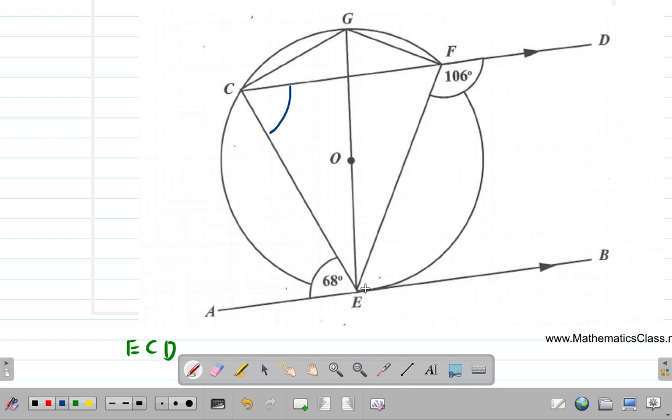Now, when it comes to ECD, you see this angle and this angle.